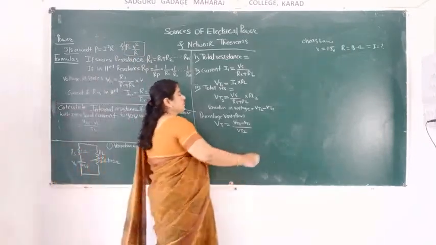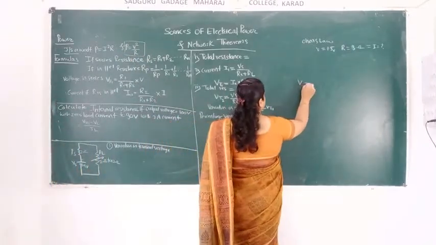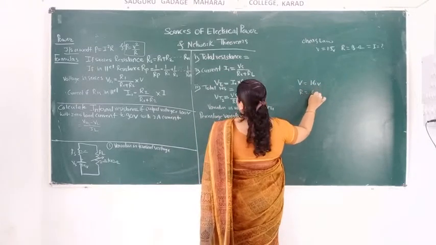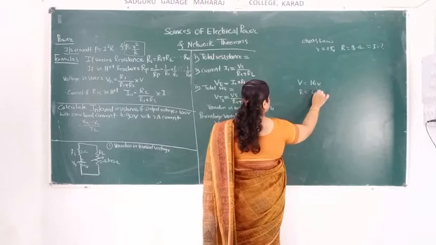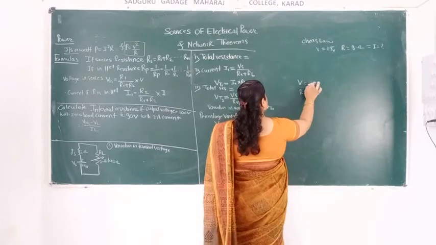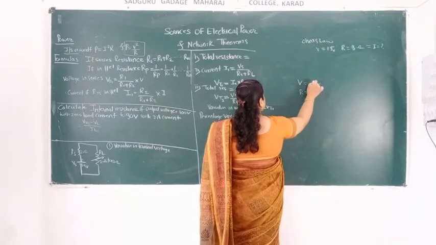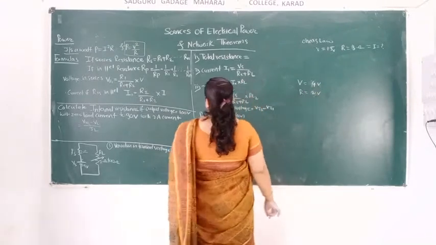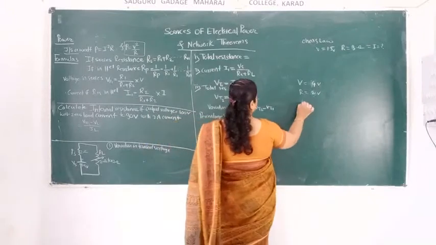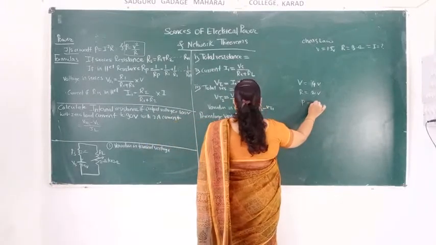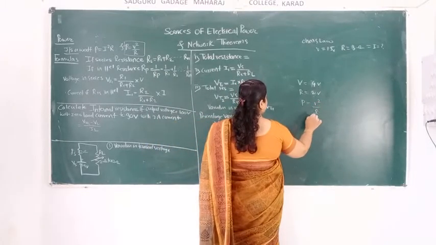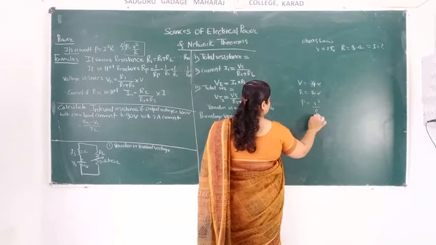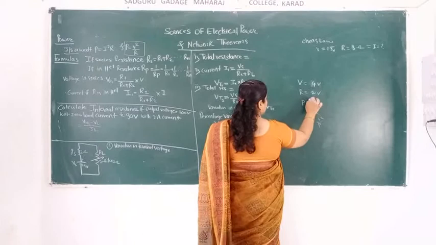Suppose V is given as 4 volt and R is given as 2 ohm, and you have to find out the power P. At that time P is equal to V square upon R. V is given as 4, so 4 square upon R. How much is R?